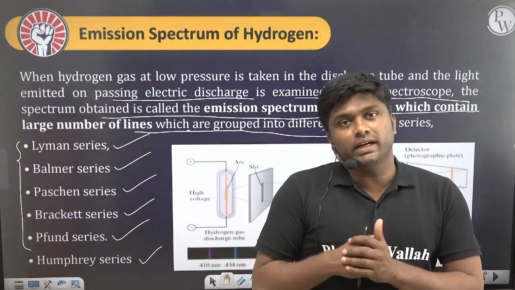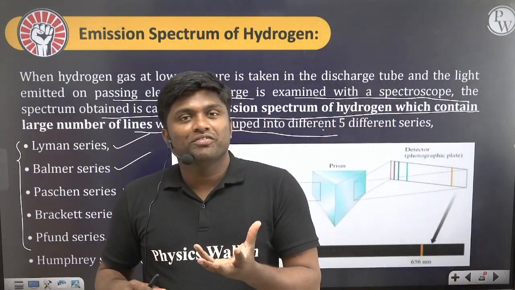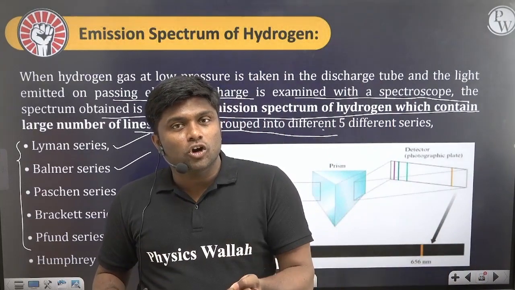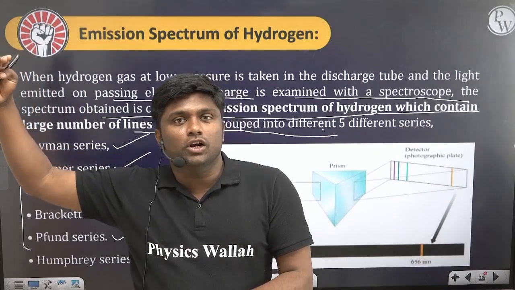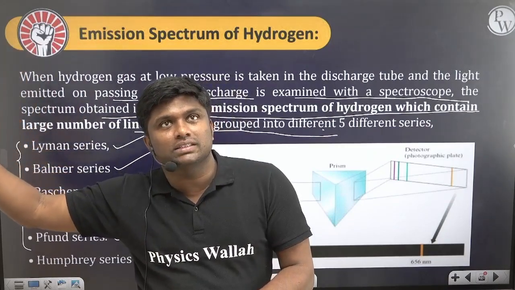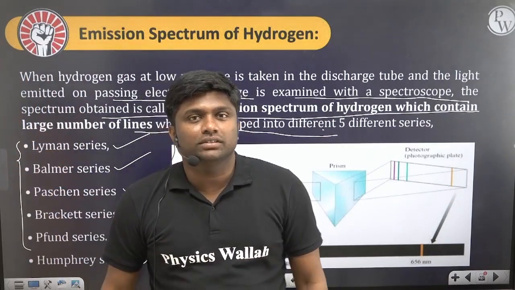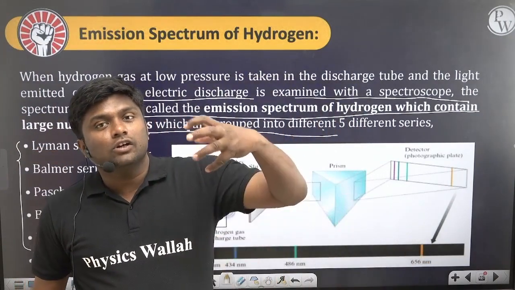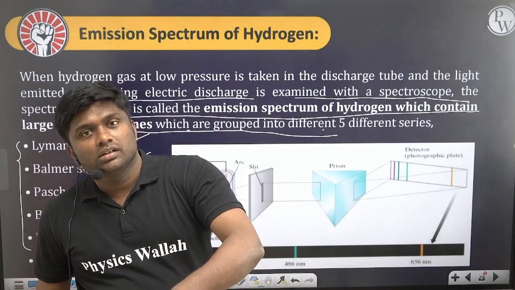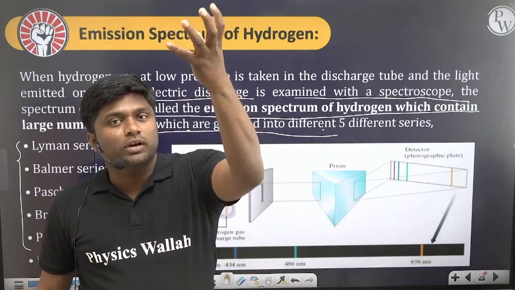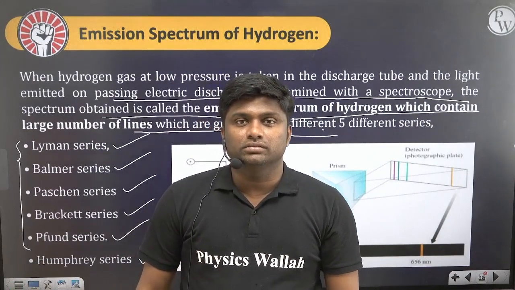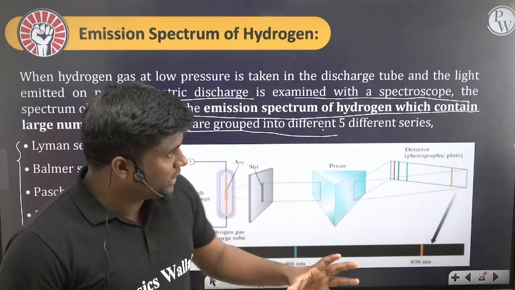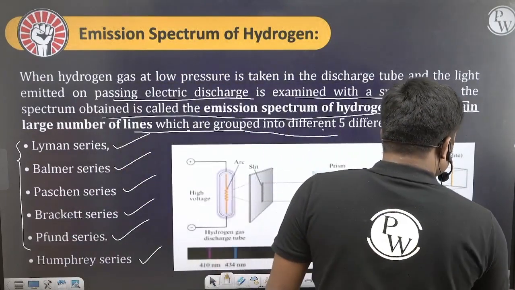Already we have studied in Bohr's atomic model, whenever an electron absorbs energy and jumps from a lower orbit to a higher orbit, we call it excitation. And after some time, the electron will release energy and come from the higher orbit to the lower orbit, that is called de-excitation. So the same thing is happening here. See carefully now.